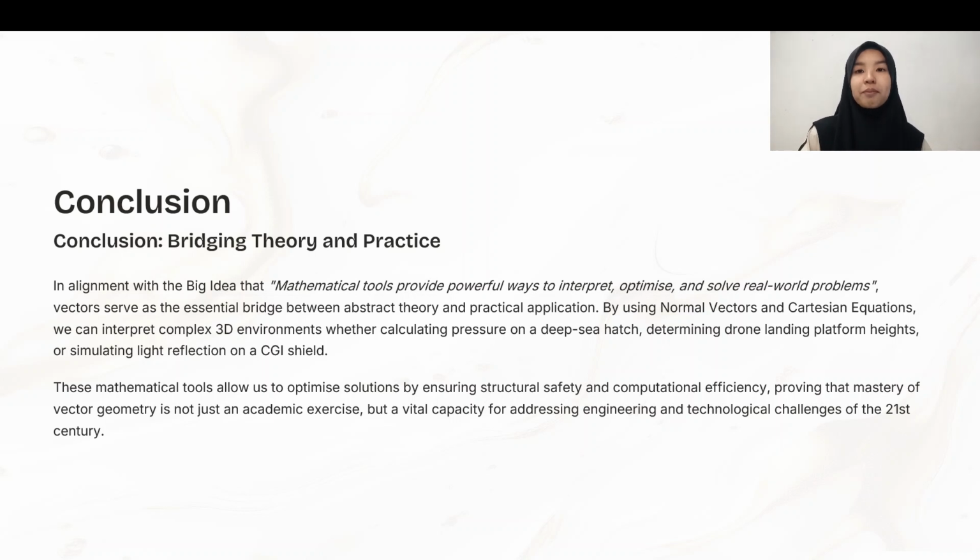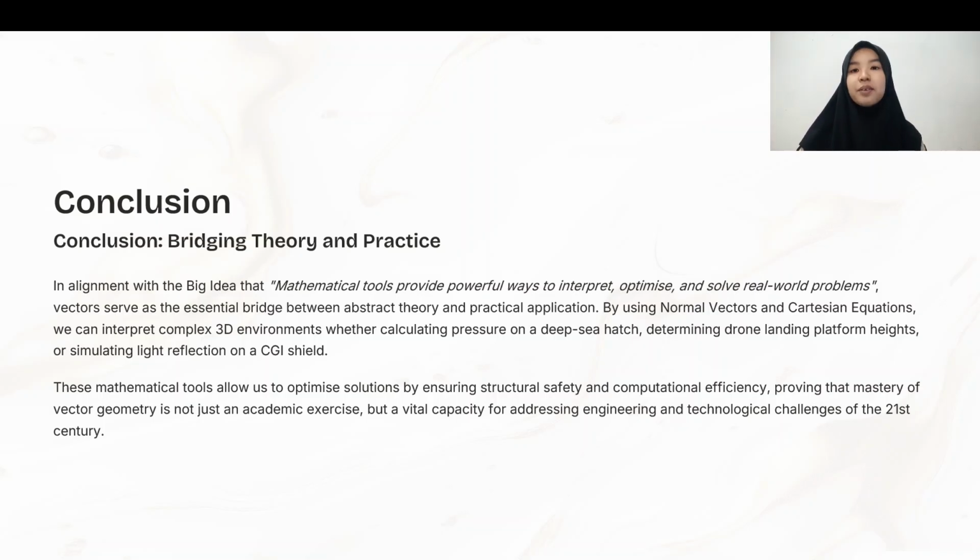To sum up, the conclusion is that vectors are not just a theory that we learn, but how we use the application, whether in digital or physical.